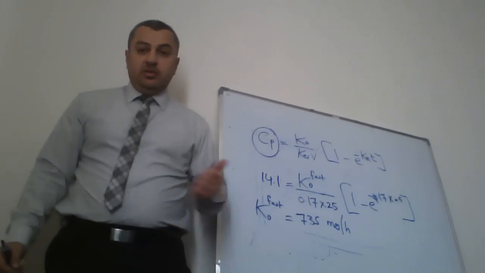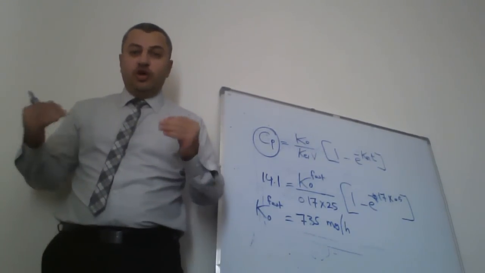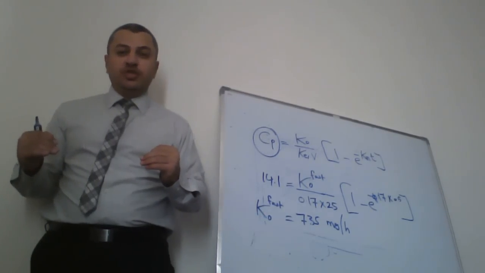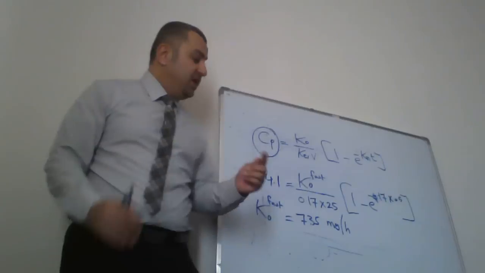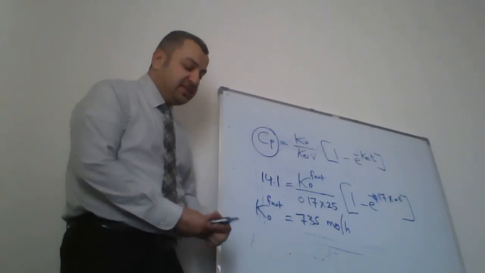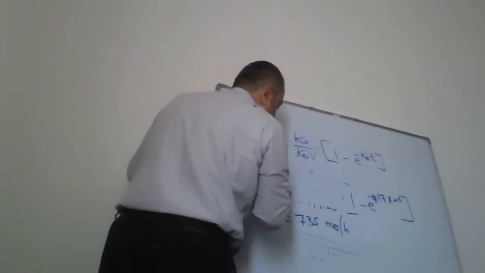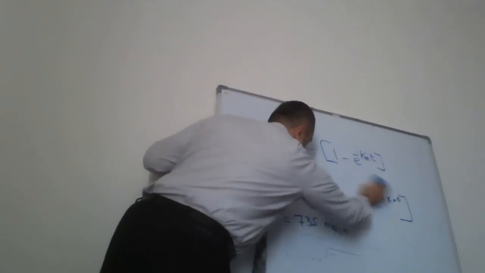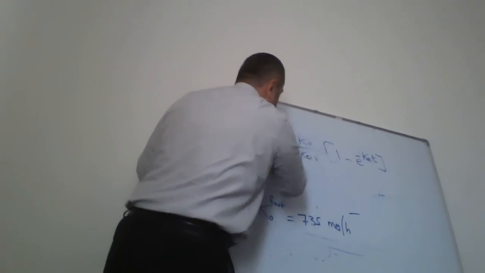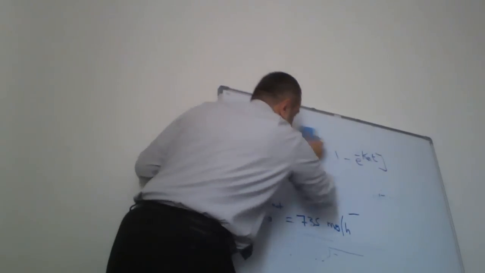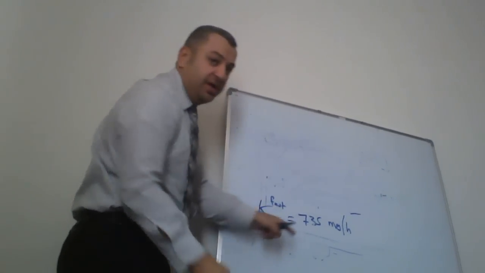Now, suppose you forgot to slow down the infusion. You forgot it. You went home. What will be the CPSS if you continue with this 735 milligram per hour? This is a very fast infusion rate. Instead of 60, I'm using 735. So what is the steady state if you use this one?